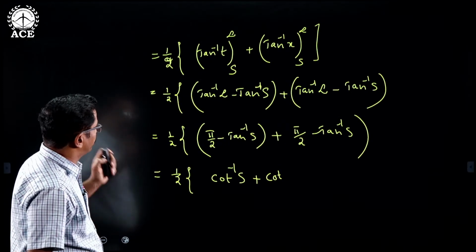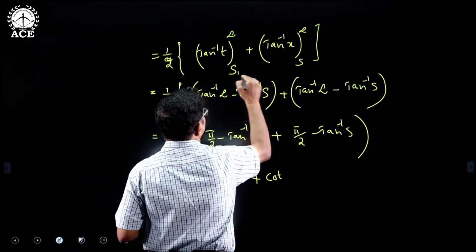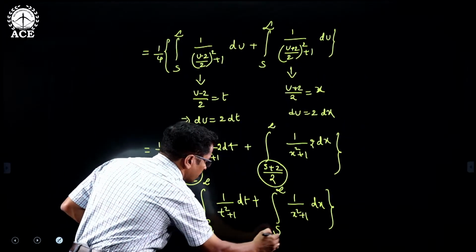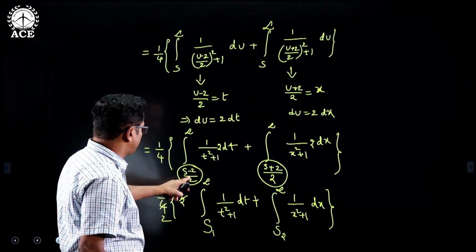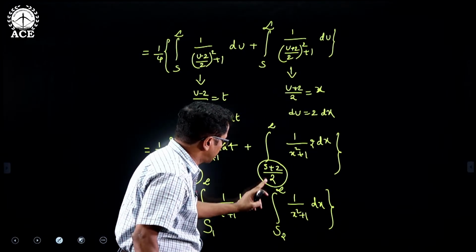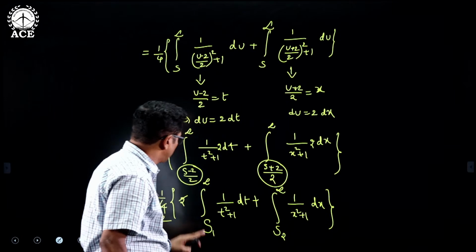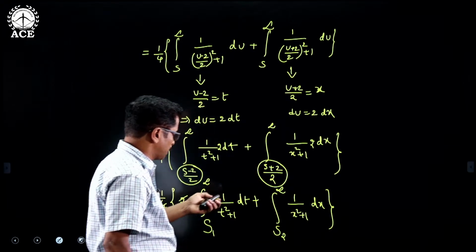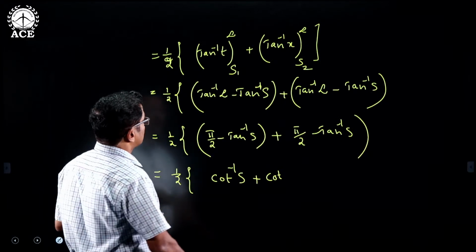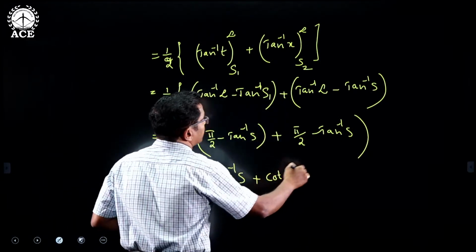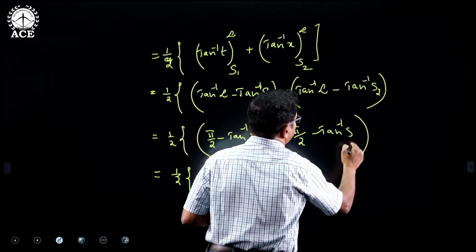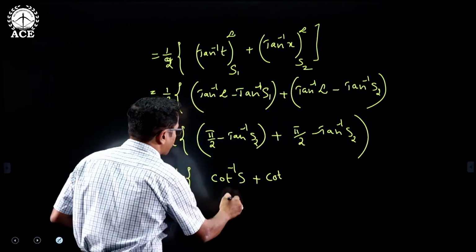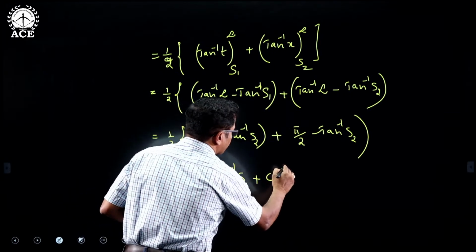So better here you represent s1 and s2, where s1 is (s minus 2) by 2, s2 is (s plus 2) by 2. So then tan inverse of s1, tan inverse of s2. Okay. So then cot inverse of s1, cot inverse of s2.